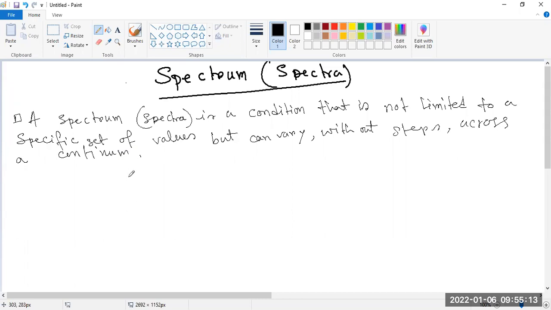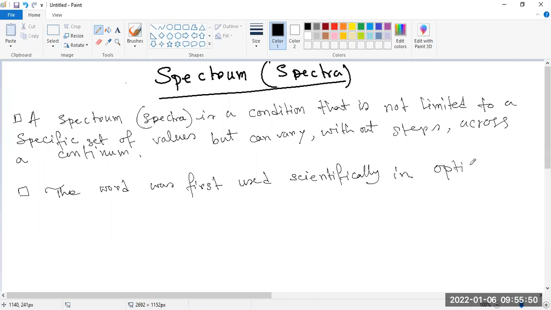Continuum. Okay, the word was first used scientifically in optics. Number of colors.